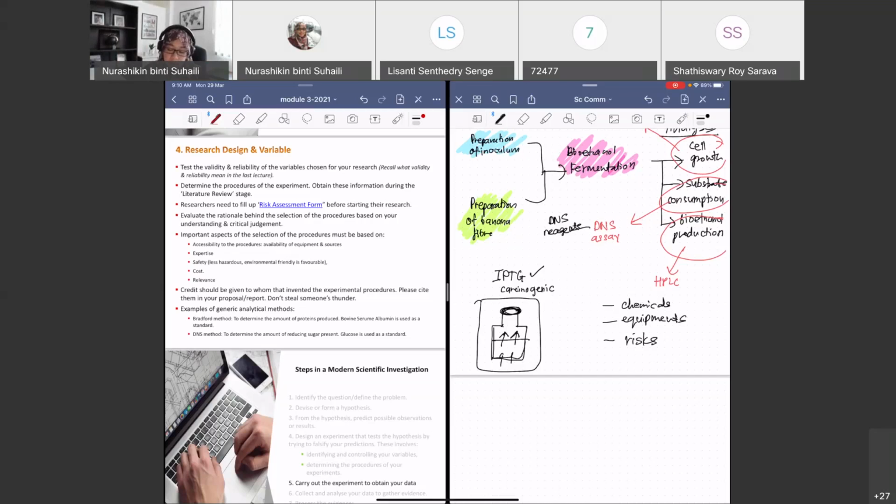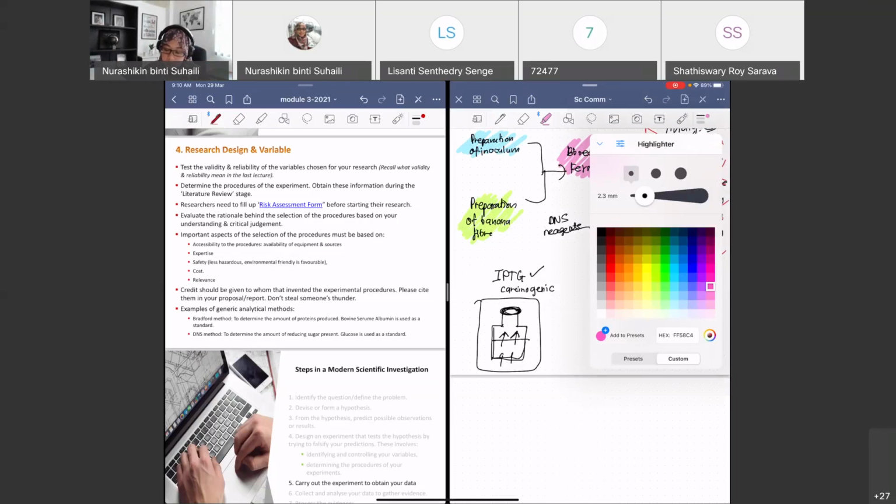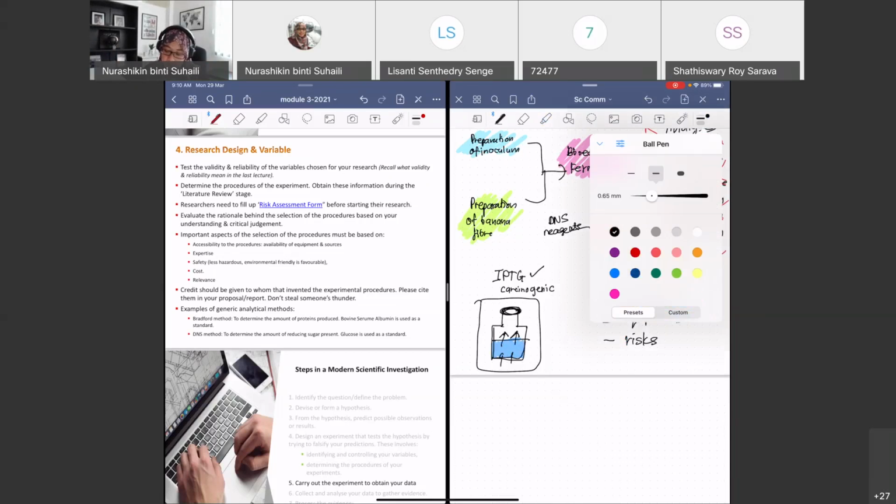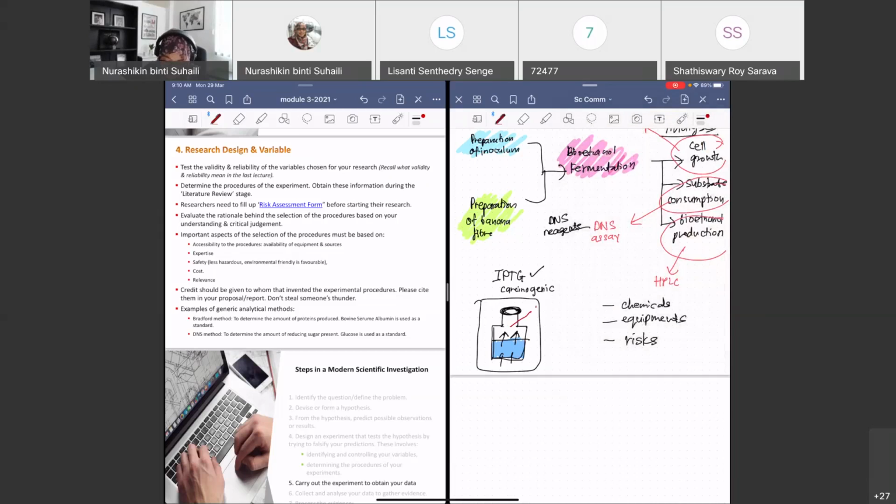So there must be a space. This is the liquid, and what I mean by space is this part. You have to allow some space for the liquid when it is heated in the autoclave. So this is the basic rule.